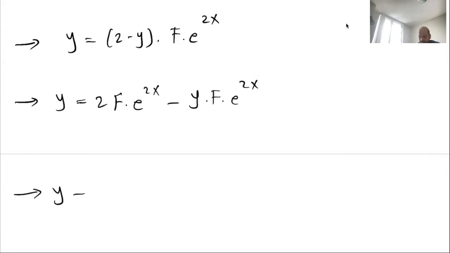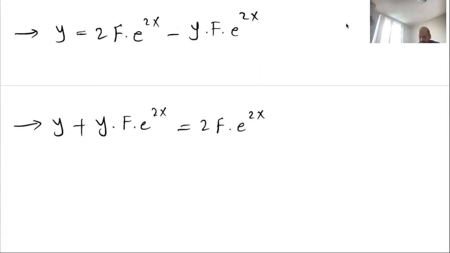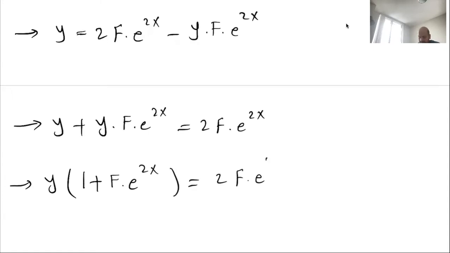Then I'll have y plus y times f e to power 2x equals 2f e to power 2x. And then if I take y out as a common factor, inside the bracket I'll have 1 plus f e to power 2x equals 2f e to power 2x.